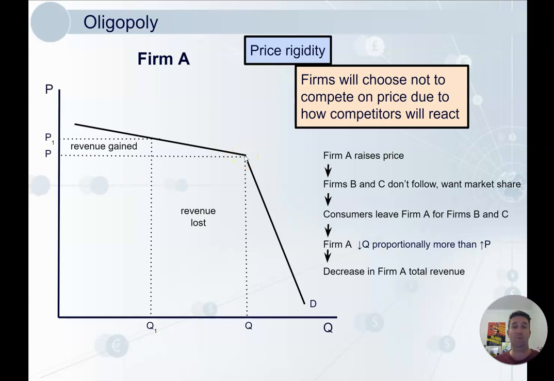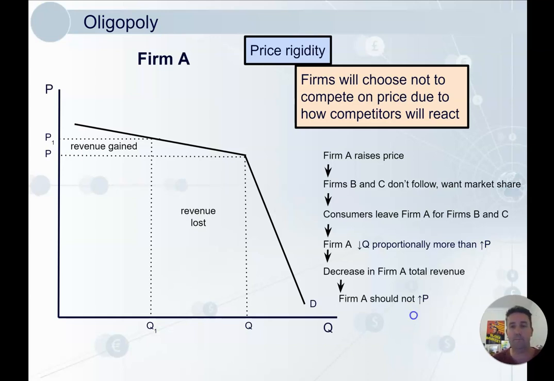What that means is they will lose revenue. They gain some revenue from having a higher price, but they lose so much more revenue from losing the quantity sold, losing the customers. So they decrease in their total revenue. They are worse off for having raised their price. Therefore, they shouldn't do it.